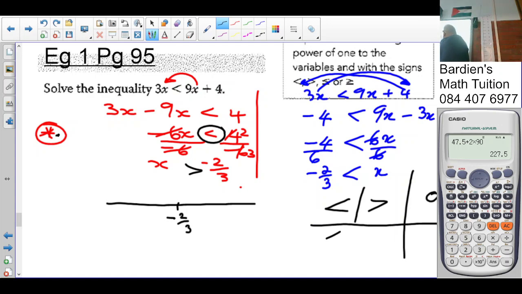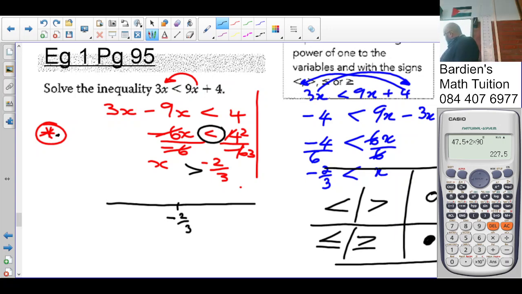And if you have more than and equal to or less than and equal to, it will then have a closed circle on the number line. Why? Because it's including. Right? So make that note there.